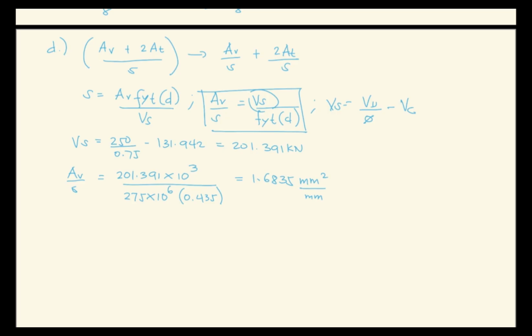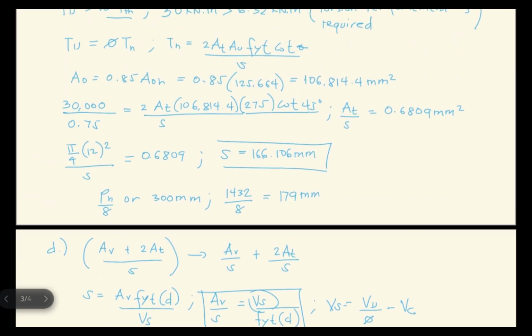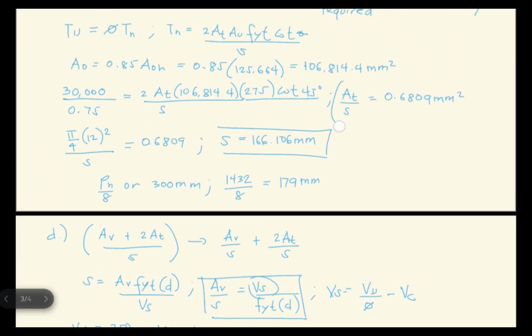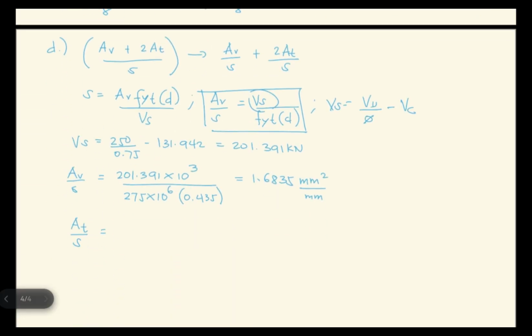Whereas the value of At over s is equal to, as previously determined, 0.6809 mm squared divided by mm.